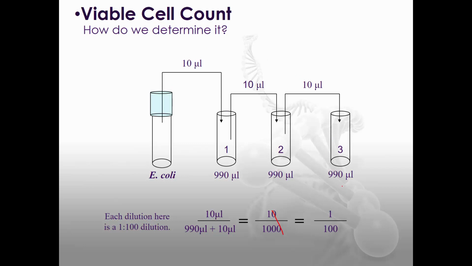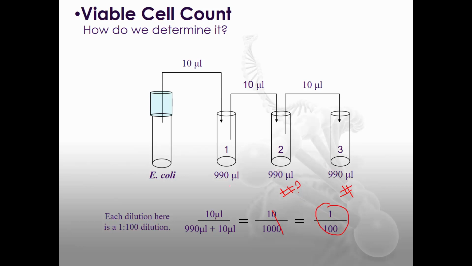Which means if you get a certain number of colonies from here, how many colonies would you expect to see when you plated from here? More or less? More, right? Because this should be fewer. And it should be how many fewer? It should be that many fewer. So what should you find here? 100 times more when you take a sample from it. Right.